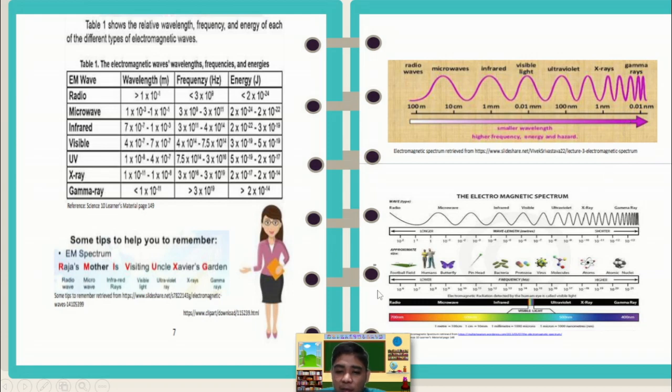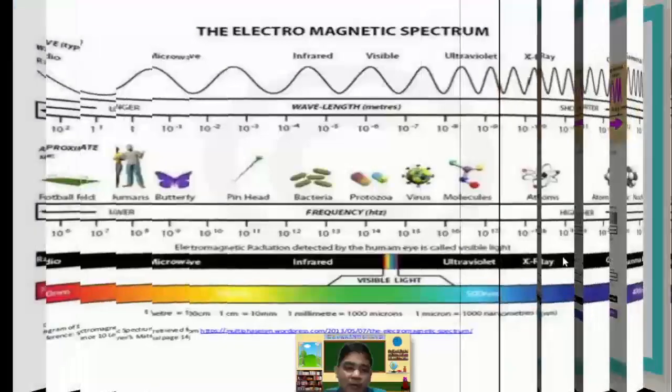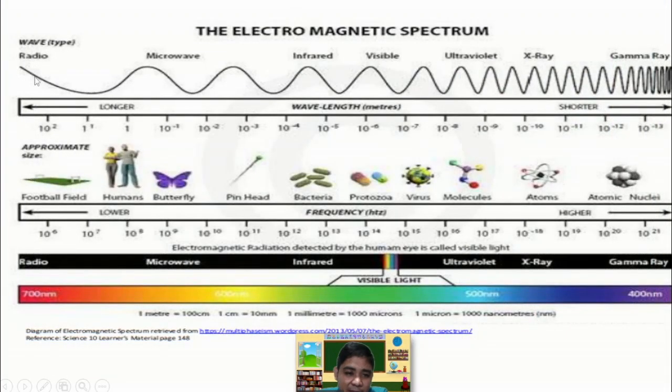Okay, let us take a closer look at this electromagnetic spectrum. Again, radio wave has the longest wavelength, becoming shorter and shorter and shortest at gamma ray. So, as you go to the left, the wavelength becomes longer. As you go to the right, in the gamma ray direction, the wavelength becomes shorter.